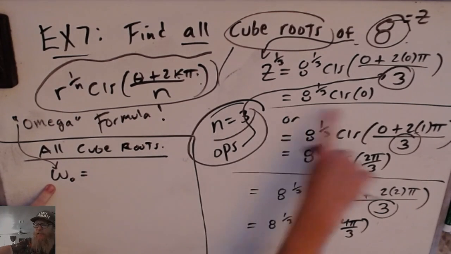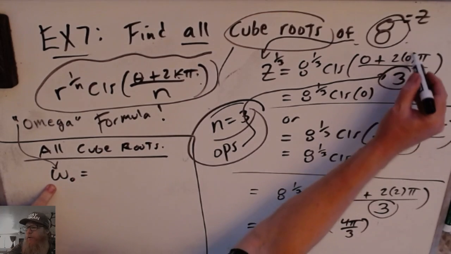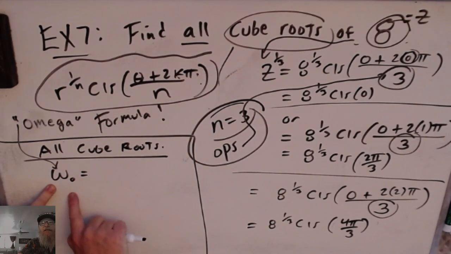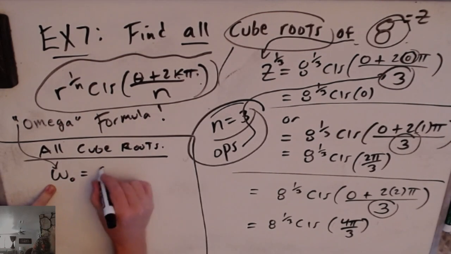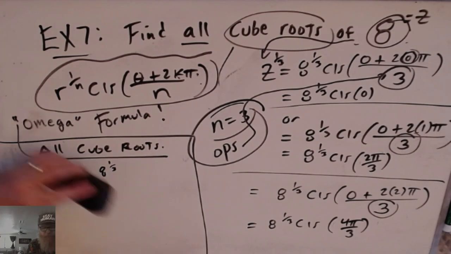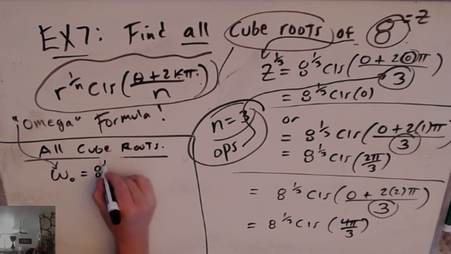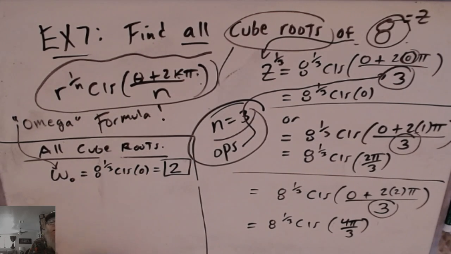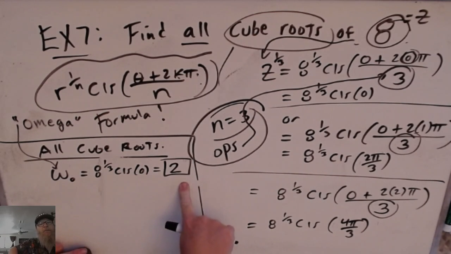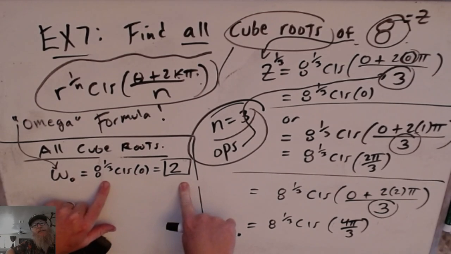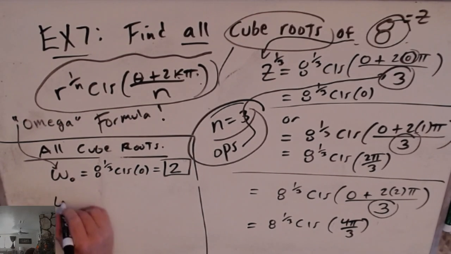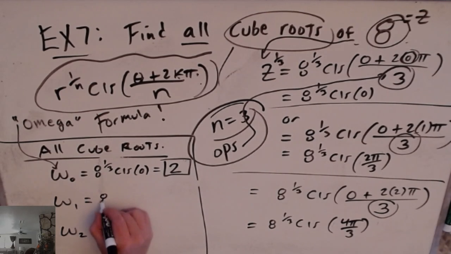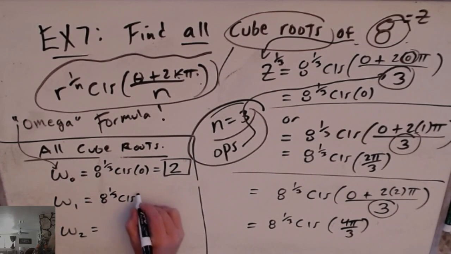So the omega 0 kind of corresponds to what you plugged in for k. So that would be 8 to the 1/3 cis of 0, which just is 2. That's the one we already knew. The cube root of 8, cis of 0. And then you've got 2 more roots. You've got 8 to the 1/3 cis 2 pi over 3.